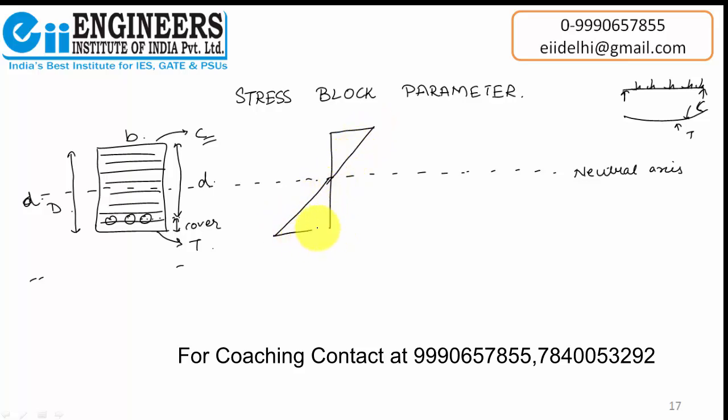Maximum strain value 0.0035, and the value for steel is 0.87 Fy by Es plus 0.002. Okay, this is our strain diagram. Next we'll go to the stress diagram.